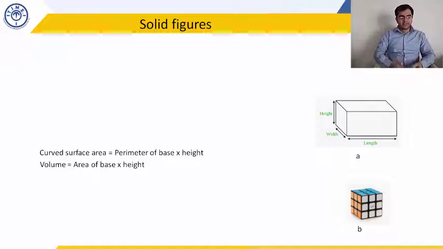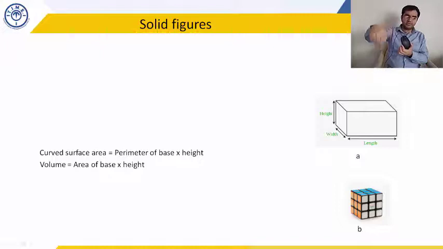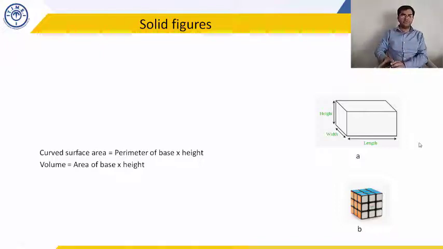Now, one way to understand these things is that if you want the curved surface area of a particular figure, what is the curved surface area? It is the area on the outside. For example, if I take this mouse and I want the curved surface area, then the area of this outer region is called the curved surface area.